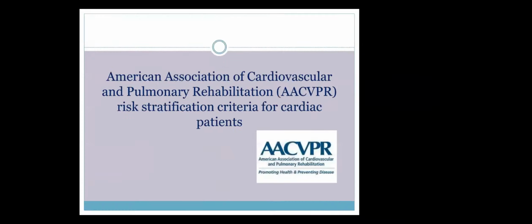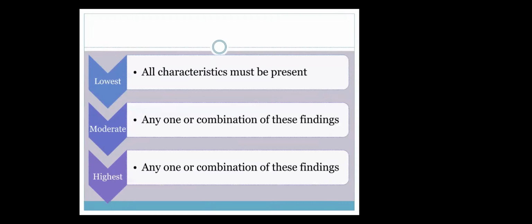Now, risk stratification criteria for cardiac patients is also given by the AACVPR, that is the American Association of Cardiovascular and Pulmonary Rehabilitation. For an individual to be graded under the lowest risk category, all the characteristics that we'll be discussing shortly have to be present. Only then can the individual be categorized as having low risk. If the individual is to be categorized as having moderate risk, any one or combination of the findings has to be there.